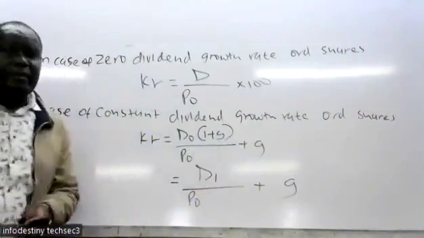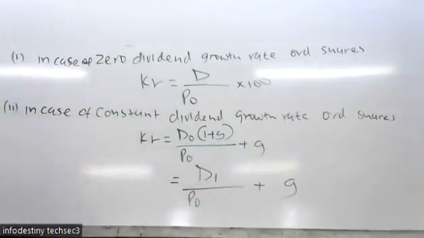So that's now the summary on how to calculate the cost of the retained earnings. It is the same as the one for the ordinary share, but now there is no flotation cost. KR refers to the cost of the retained earnings.